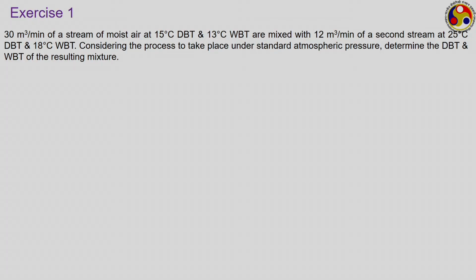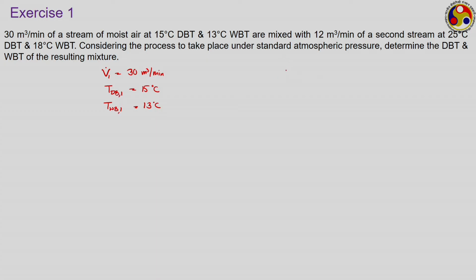Here there are 2 streams. For stream 1, the volume flow rate is given as 30 meter cube per minute. T dry bulb 1 is equal to 15 degree Celsius, T wet bulb 1 is equal to 13 degree Celsius.